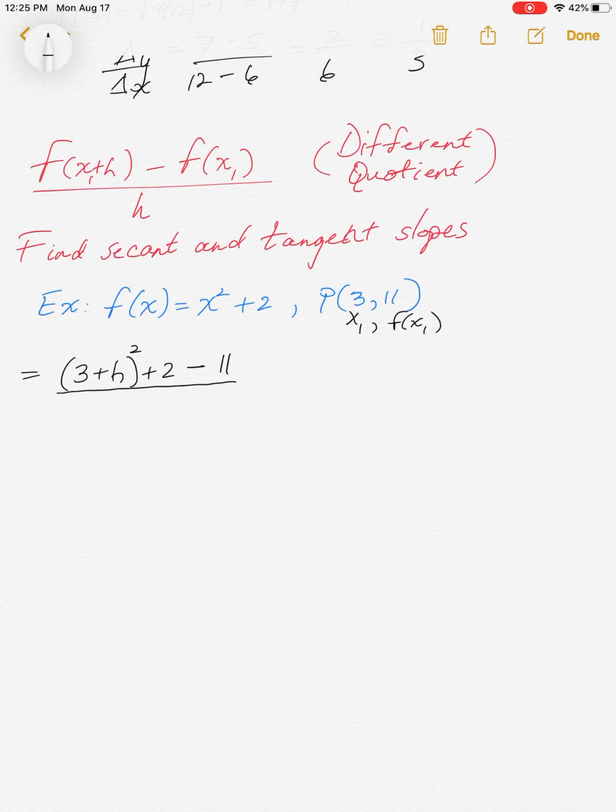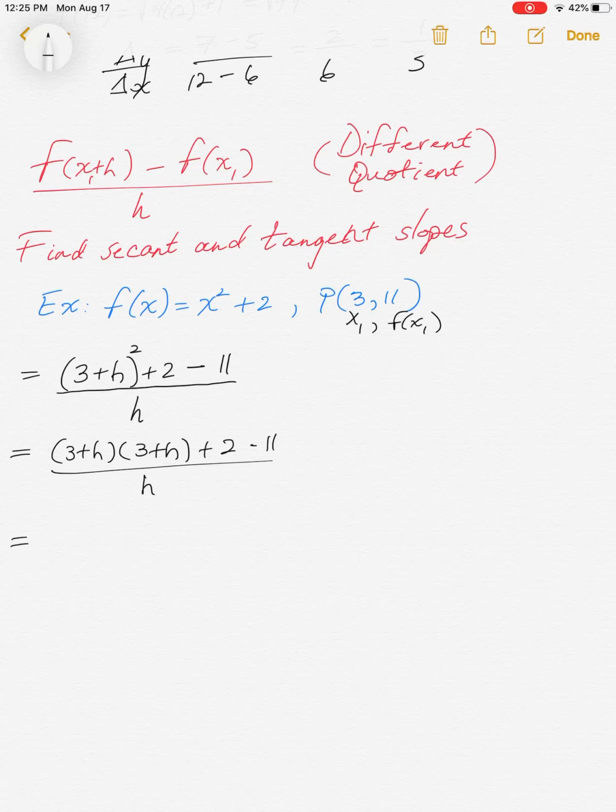And that will be all over h. All right, we're going to go through and simplify. Simplifying, we have (3 plus h) times (3 plus h) plus 2 minus 11 all over h.